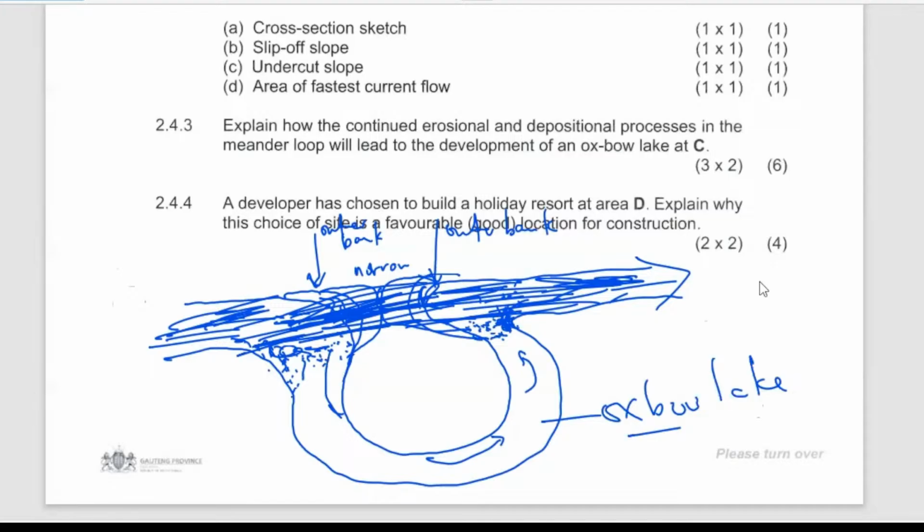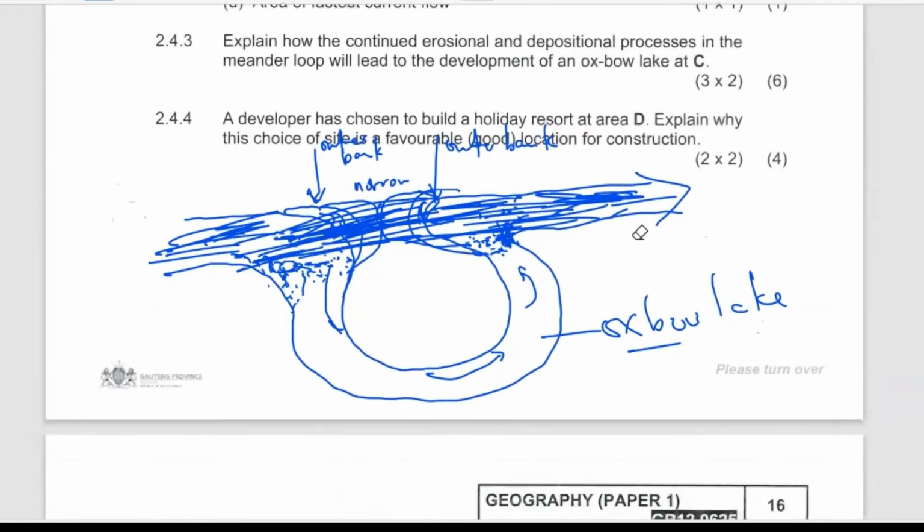You must explain that erosion happens on the outer bank, and the outer bank is going to migrate. Deposition will occur on the inner bank, resulting in the complete shifting of the river channel. And as the two river channels are migrating towards each other, they will narrow the meander loop, and they are going to break the meander loop, and the river will attain a straighter course and will seal off the former meander as an oxbow lake.